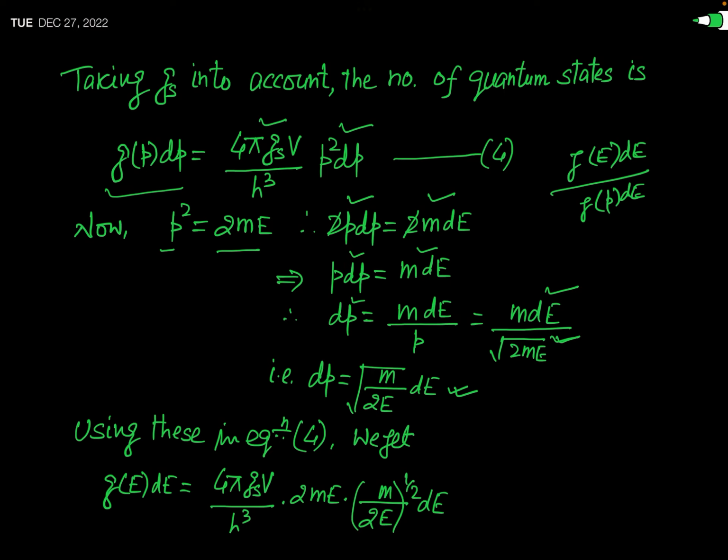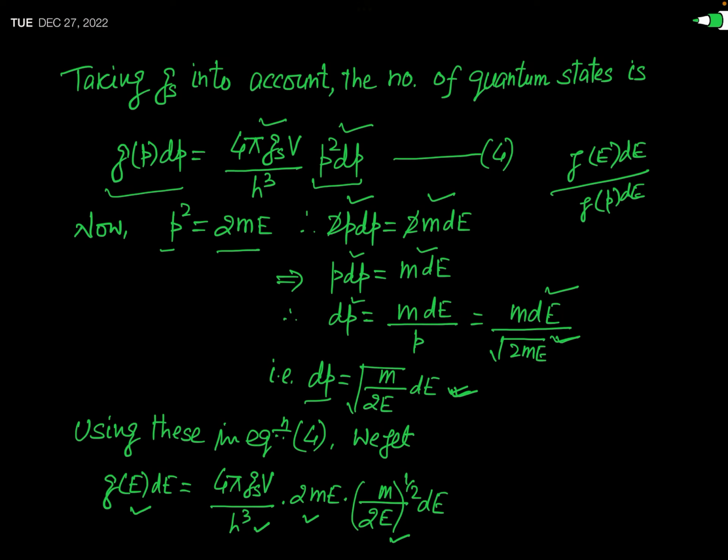So now let us substitute the value of dP and the value of P square in equation number 4, which you have obtained just now. You can see that G of E dE will be equal to 4 pi Gs V divided by h cube times P square. Instead of P square, we will write 2mE, and dP is what you can see here: the square root of m by 2E dE.